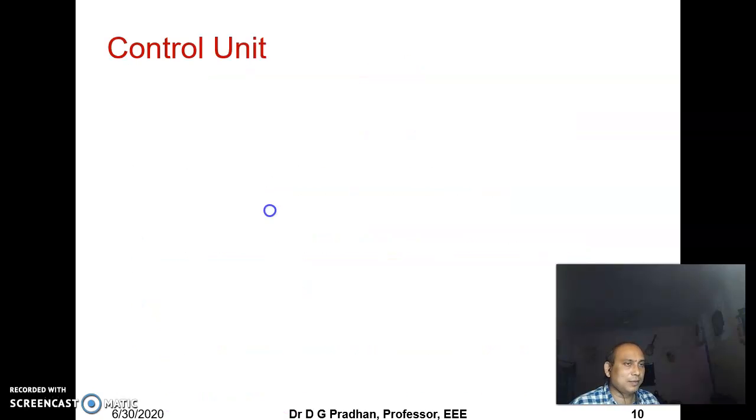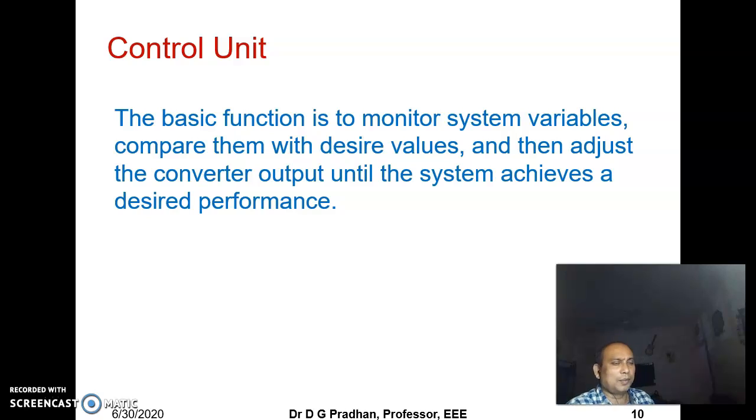Then we have the control unit. The basic function is to monitor the system variables, compare them with the desired values, and then adjust the converter output until the system achieves the desired performance. The controls for the power modulators are provided in the control unit.